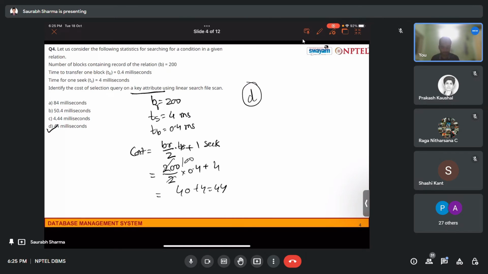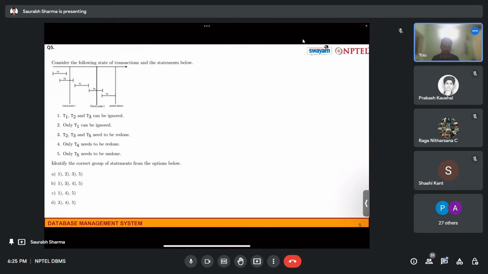Okay, now coming to this one. There are multiple checkpoints and there is a system failure. We have to comment on it. Consider the following state of transactions and the statements below. We have to identify the correct group of statements. T1, T2, T3 can be ignored. Is it so?